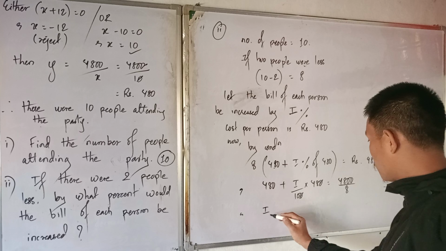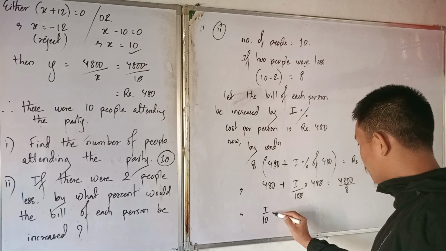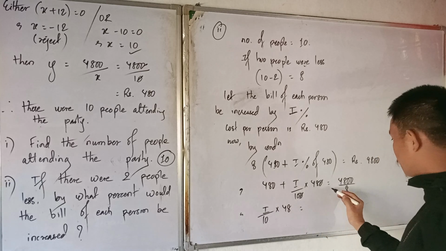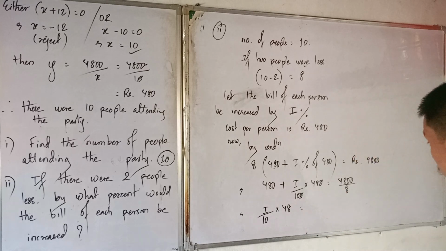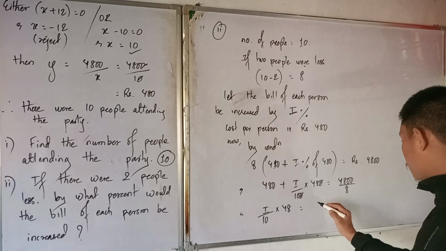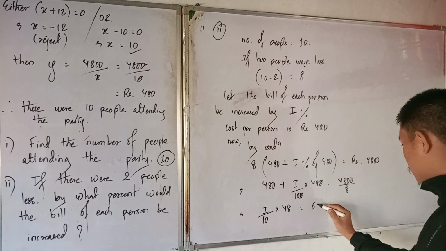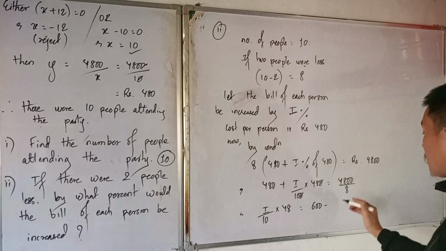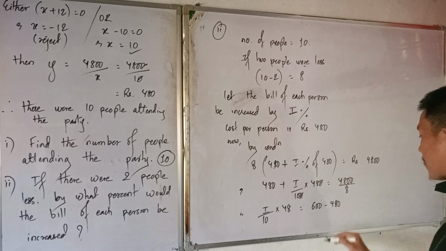This cut, i by 10 into 48 is equal to, how much is that? 6 8s are 48, 600, and this 480 goes to the other side. This becomes minus 480.